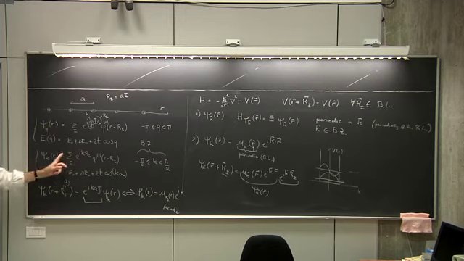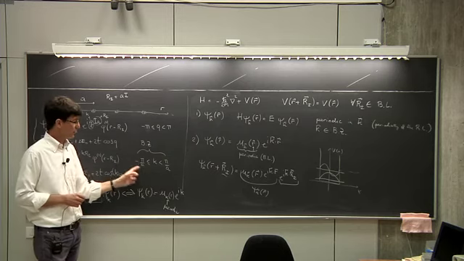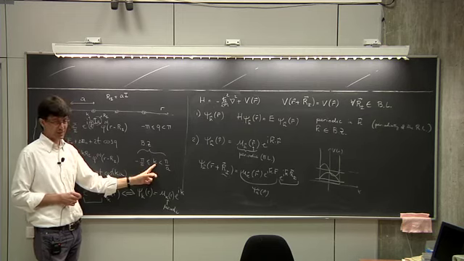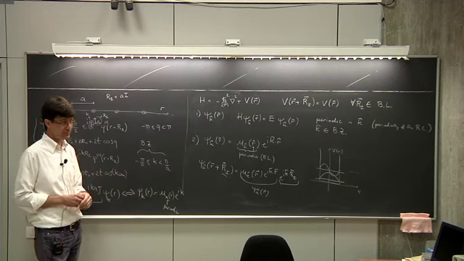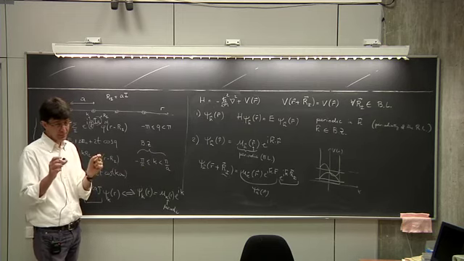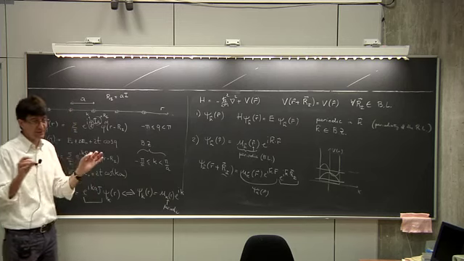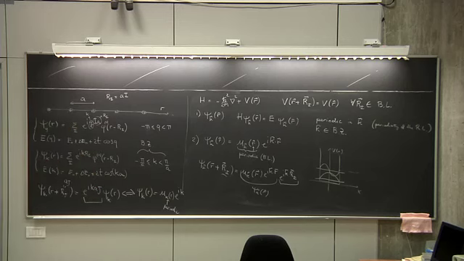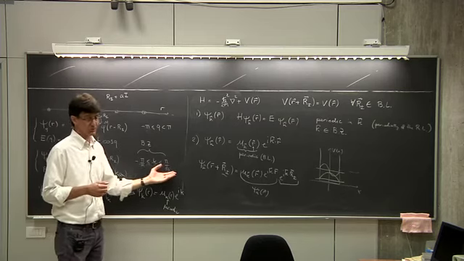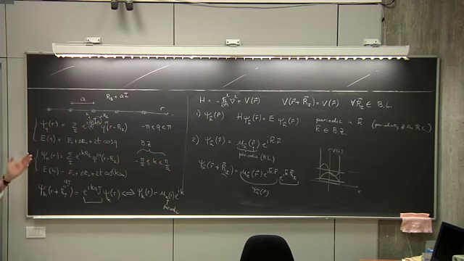The only difference is that the only allowed values of k are a discrete set of them, according to the discussion we had before. So this is not a continuum of possible values of k between minus pi over a and pi over a, but a discrete set, which becomes finer and finer the larger n is. In the limit of infinite n, it becomes a continuum of points. That's the only difference.